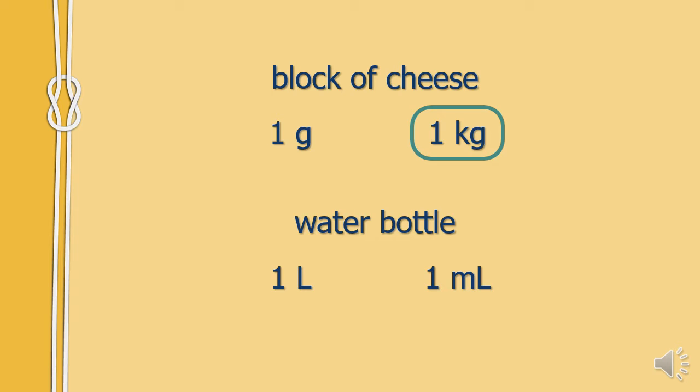So a water bottle would be 1 liter. I'll just give you another little clue. When you are measuring medicine in the metric system, you measure it in milliliters. And if you have to take liquid medicine, the little cup that comes with it is measured in milliliters. So check that out.